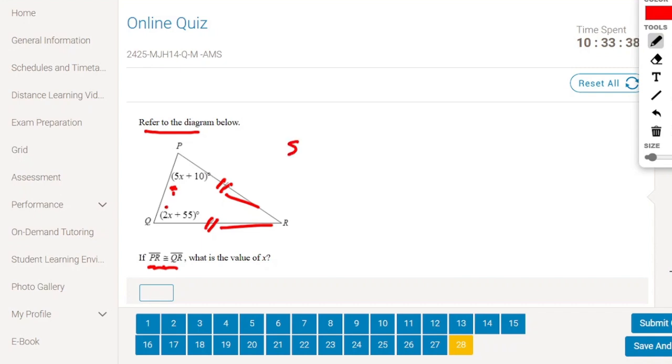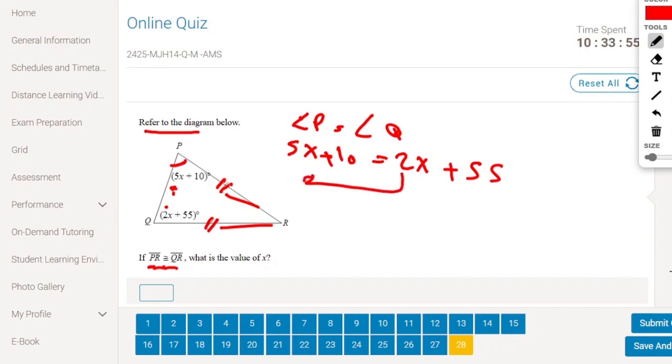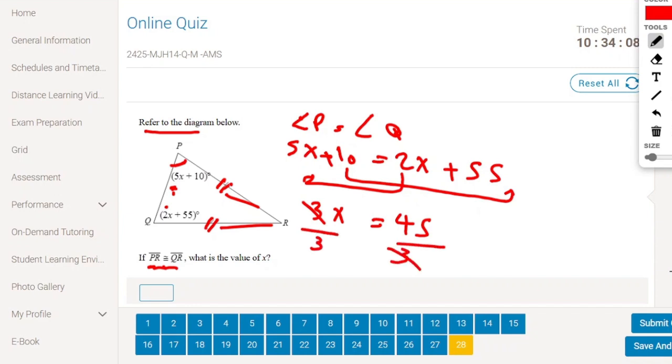So angle P, 5x plus 10, will be equal to angle Q, 2x plus 55. So 2x goes to the other side with minus, so it will be 3x, and 10 goes to the other side, equal to 45. Divide by 3, so x will be equal to 15.